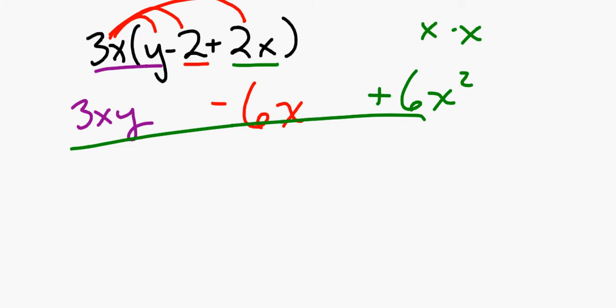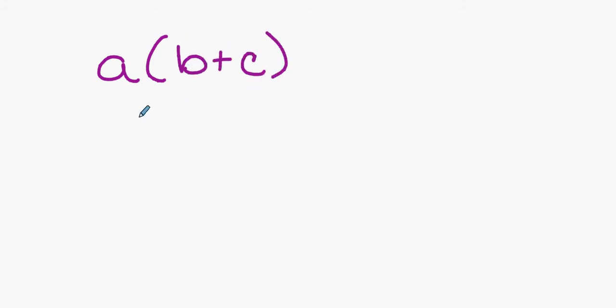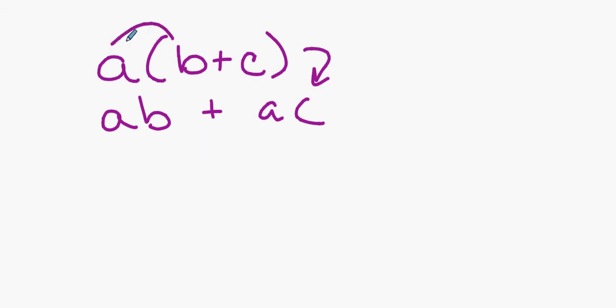Summing them all together. So the distributive property states that a factor on the outside of terms being added can also be shown as AB plus AC. Distributing means to multiply that outside by each term on the inside.